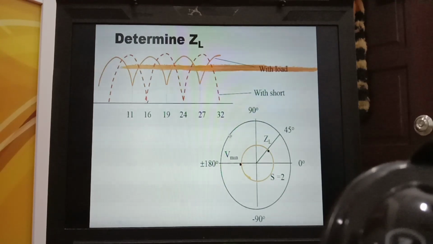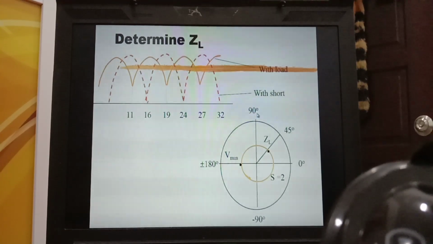We can use a Smith chart. A Smith chart is a plane of reflection coefficient, where the real axis represents the real part of the reflection coefficient, and the vertical axis represents the imaginary part of the reflection coefficient.